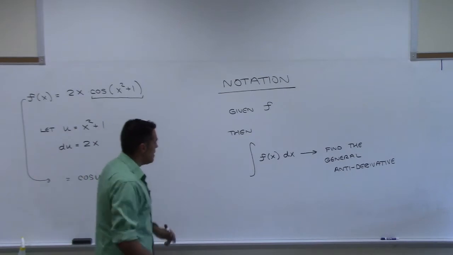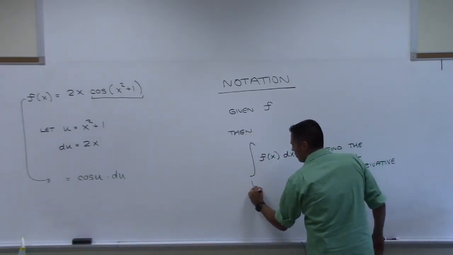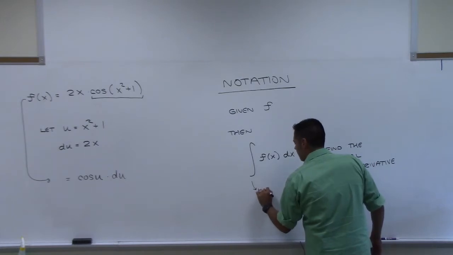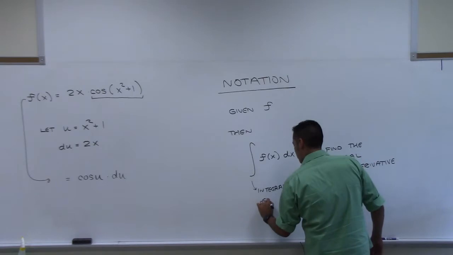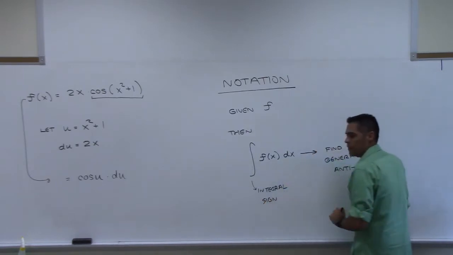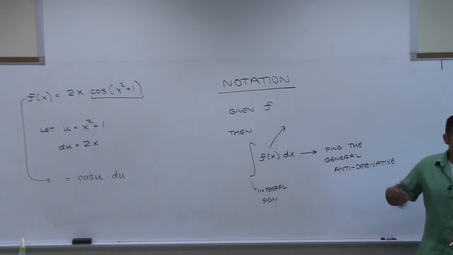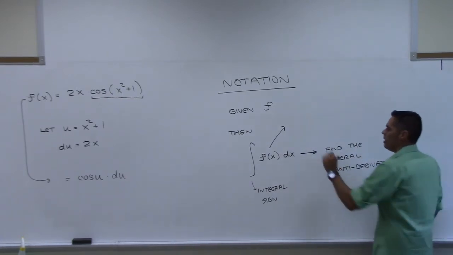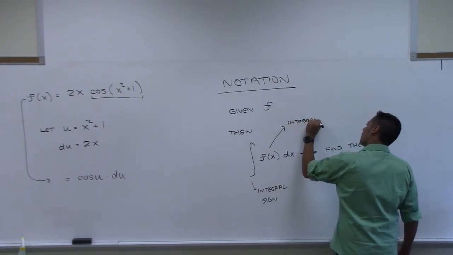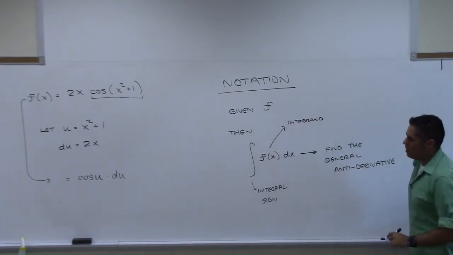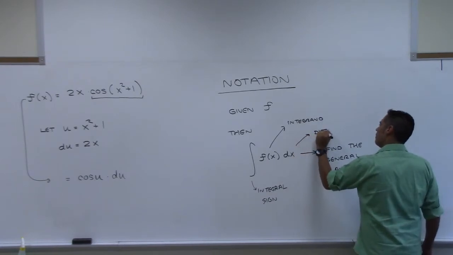So this whole thing has some names to it. This right here is called the integral sign. The function itself, the thing you're trying to find the antiderivative of, is called the integrand. And this little dx right here is called the differential.